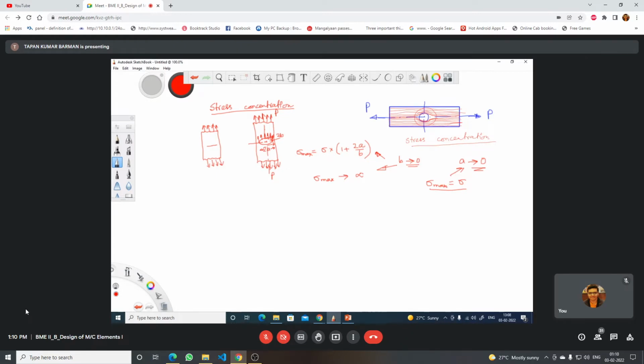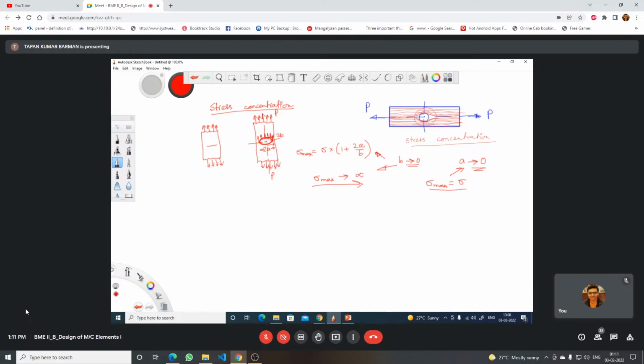Now the thing is, this sigma max tends to infinity. What does it mean? That means when we are applying the force here, near the discontinuity, the material will undergo local plastic deformation. If sigma max tends to infinity, that means it has reached the limit locally, and the material will fail.